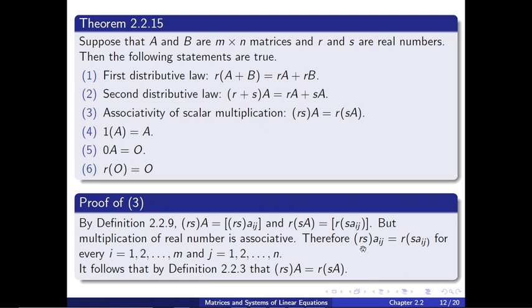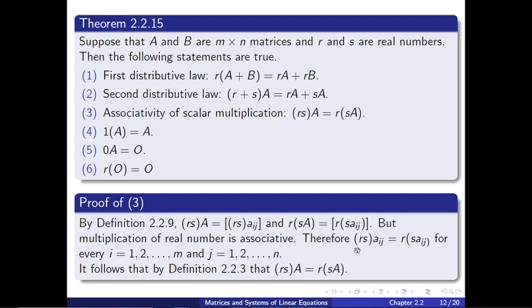So that means (RS)a_ij is equal to R(S a_ij), and the bracket is supposed to be there, right, for every entry of the matrix. So that's what we mean by for every i and for every j, right?